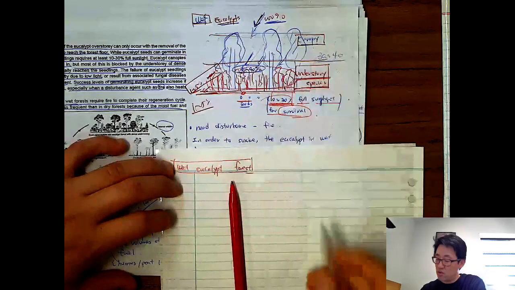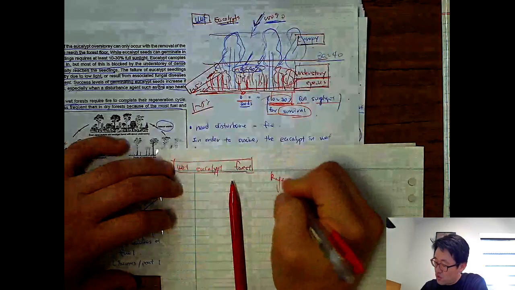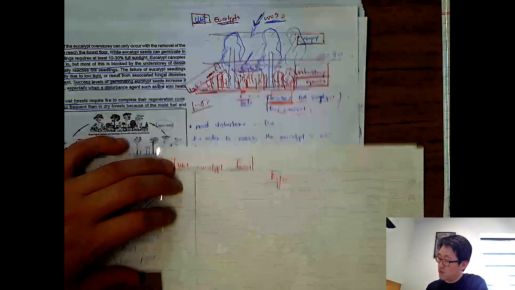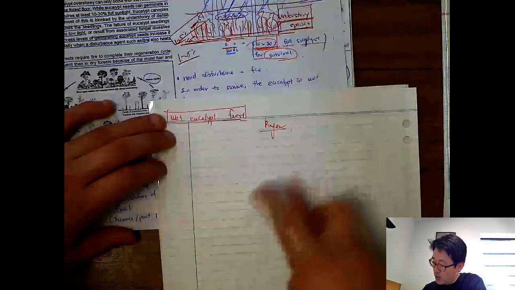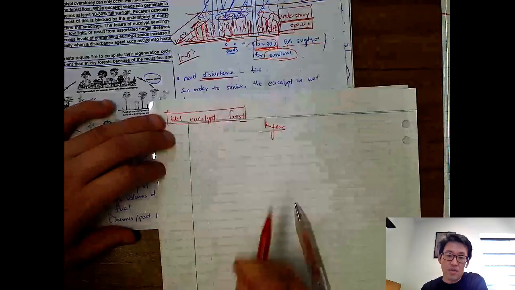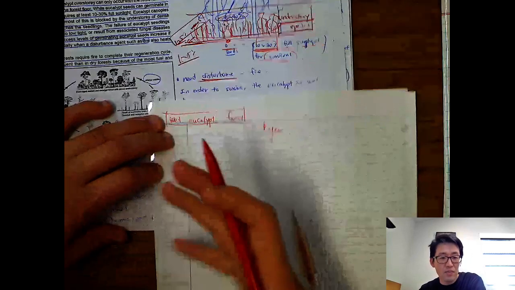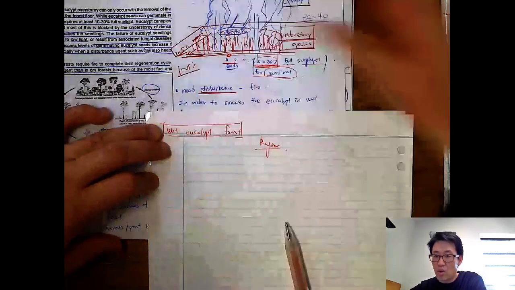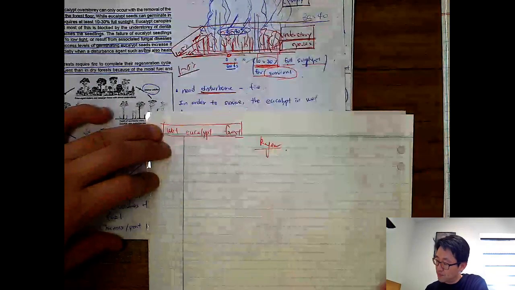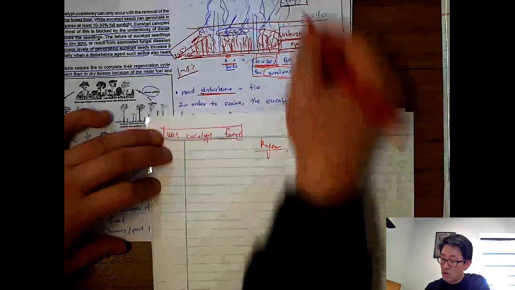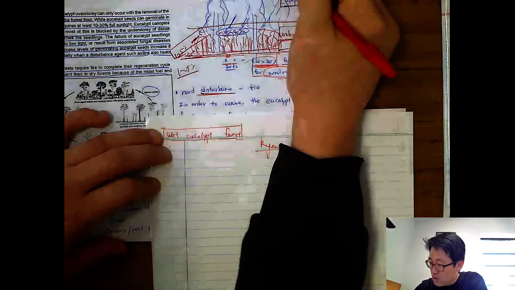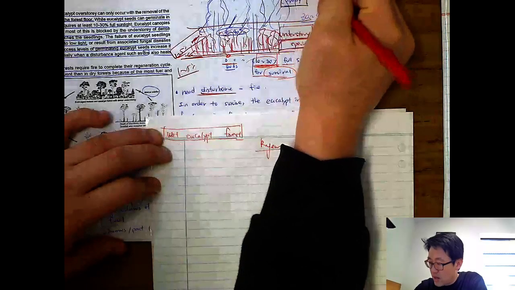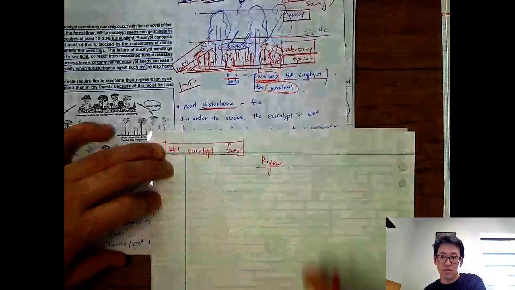So for regeneration in wet eucalypt forest, we need disturbance. It has to be disturbed, so that some of the trees are gone and that opens up the sunlight coming in. They actually need strong direct sunlight to get in here.